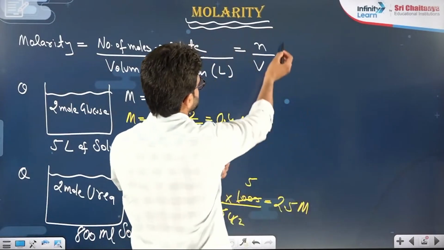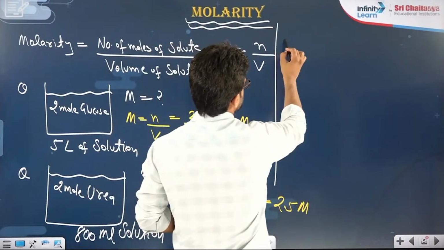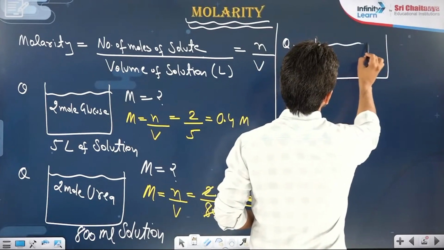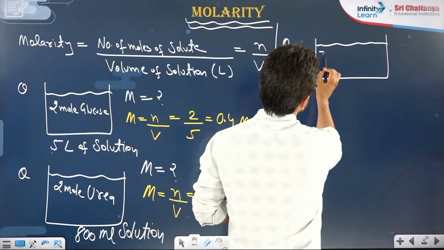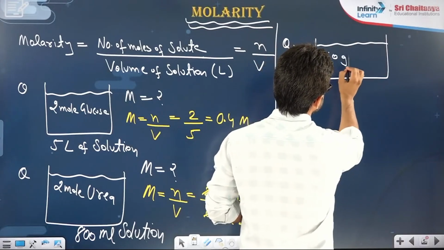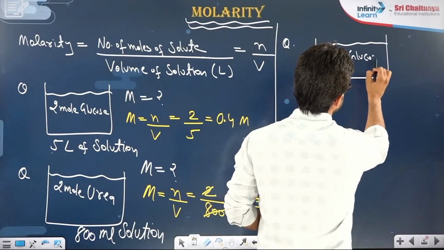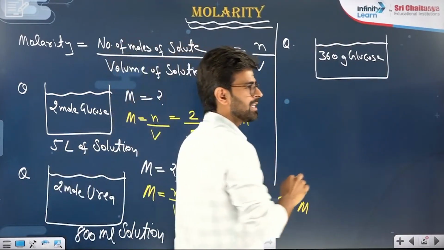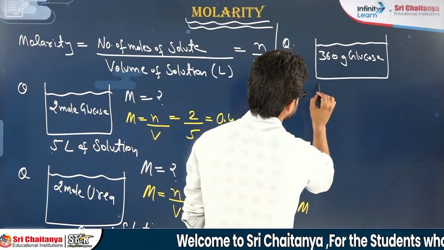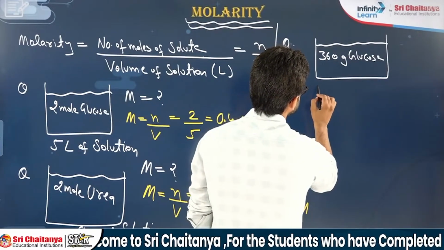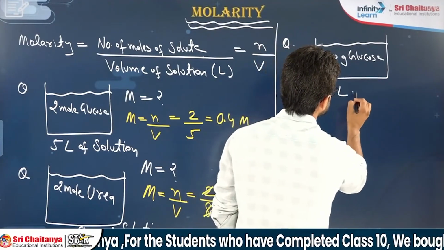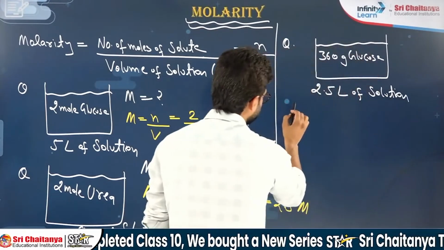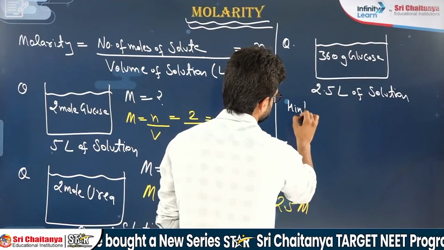Now, next thing. One more I am taking here. In this, we are having 360 gram glucose. We have here 360 gram of glucose, and 2.5 liter of solution. And the hint is the molar mass of glucose. How much is it? We know it very well.